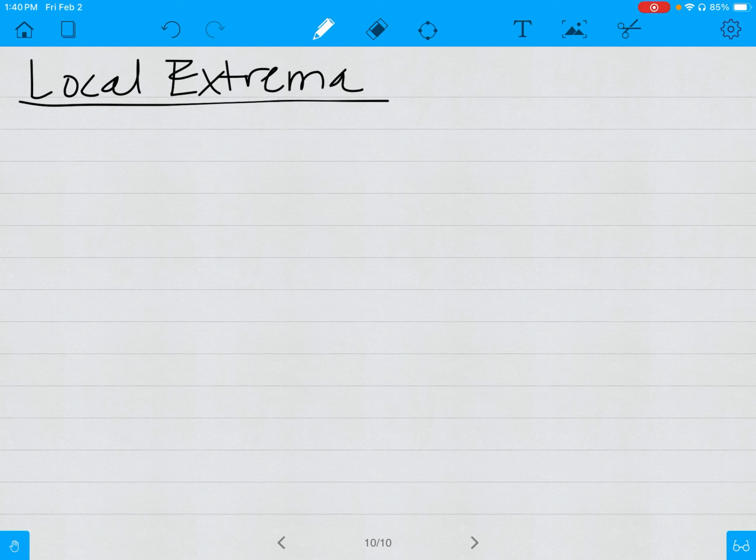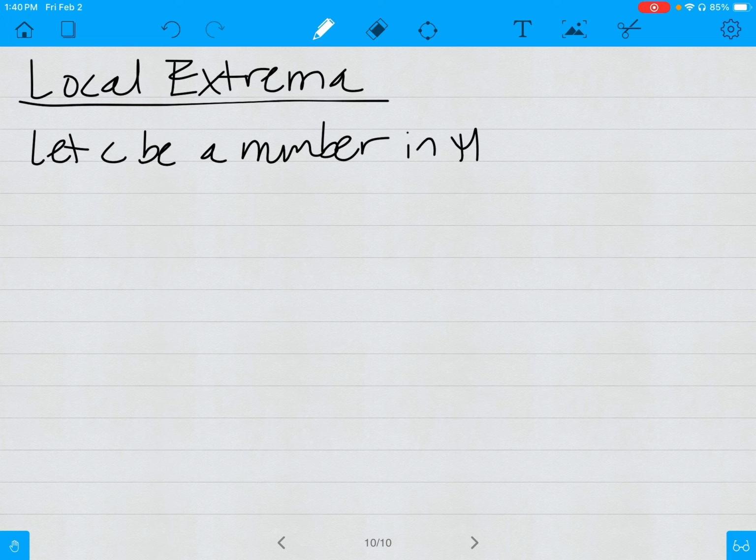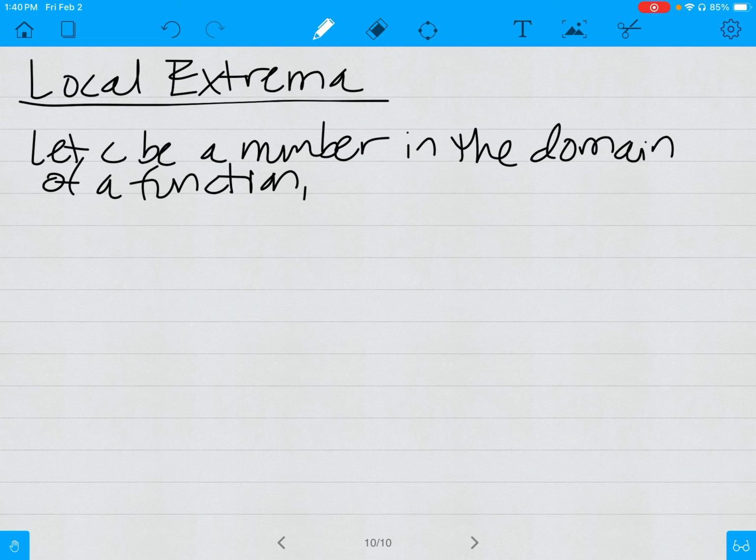The definition says, let c be a number in the domain of a function f. In other words, we have to actually be able to plug c into the function and get a defined value.